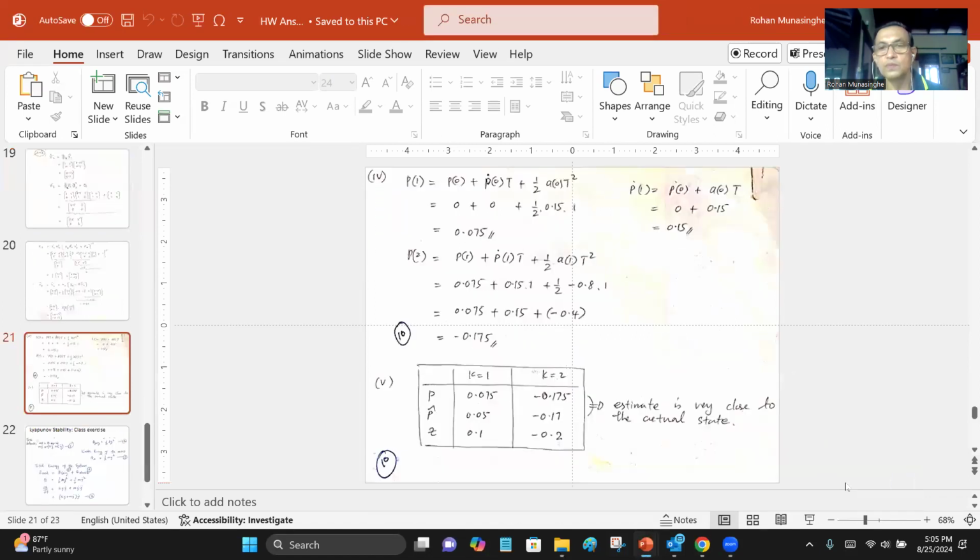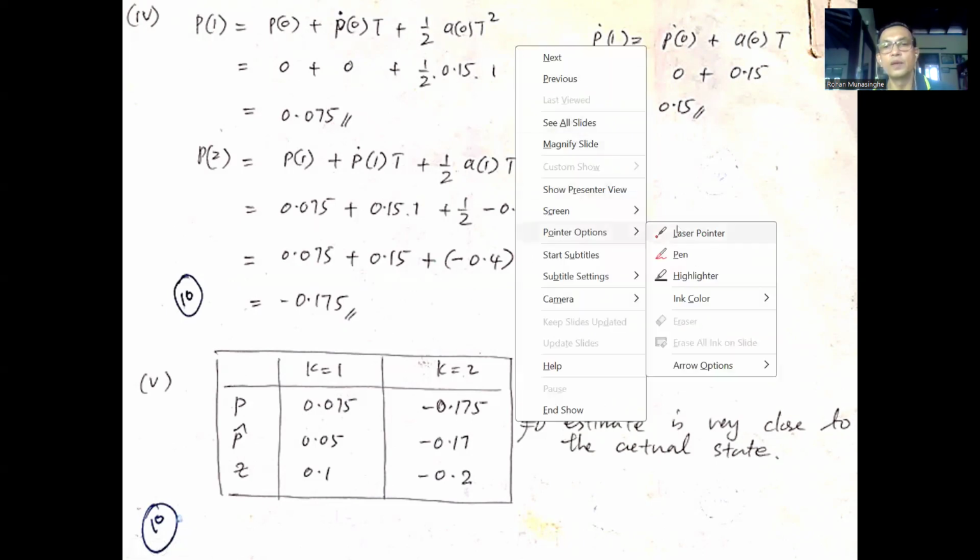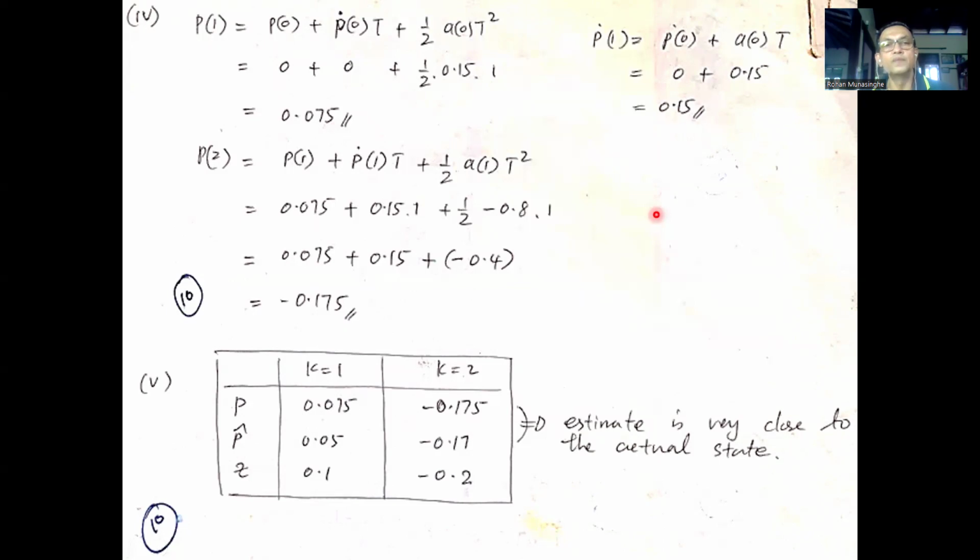If you know the actual accelerations produced in the two instances, K0 and K1, you can put these numbers in here for A0, 0.15.